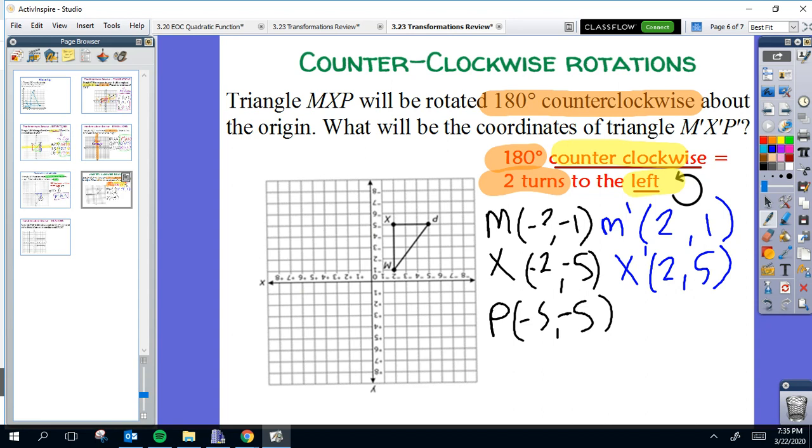And then when I look at the coordinates for P, that's going to be positive 5, positive 5. So after a rotation 180 degrees counterclockwise, your new triangle M prime, X prime, P prime will be right here boxed in pink.